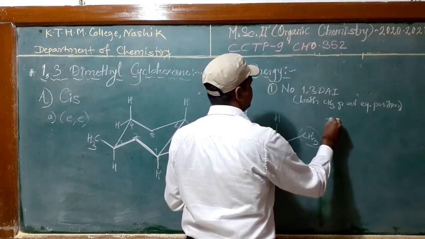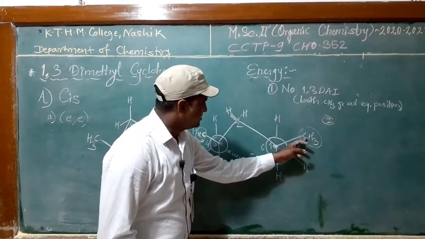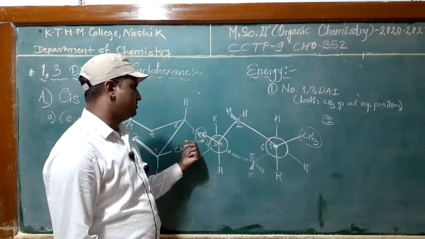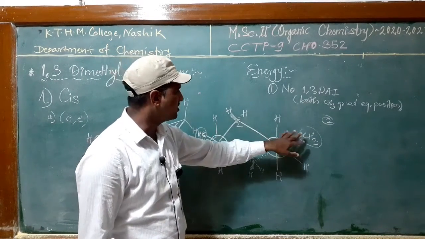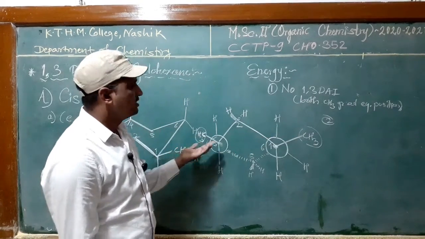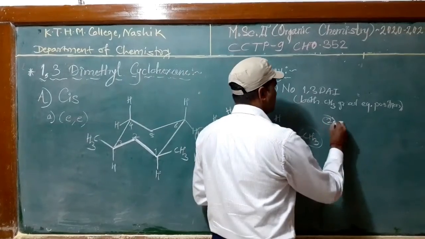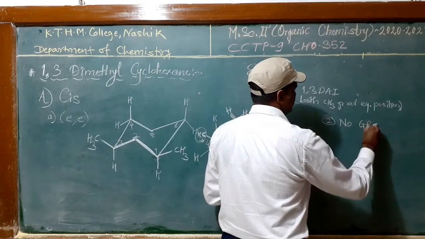Second point, okay. Now consider the second point. This CH3 and this CH3, both CH3 groups are not in gauche condition. The dihedral angle between them is not 60 degree. So there is absence of gauche butane interaction.